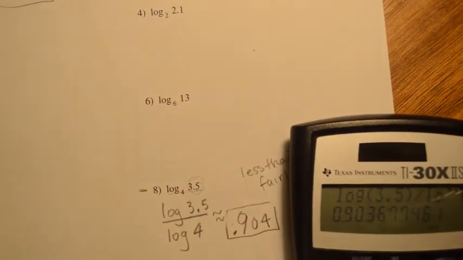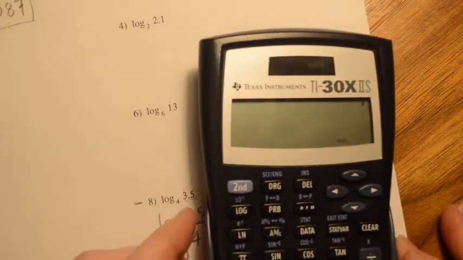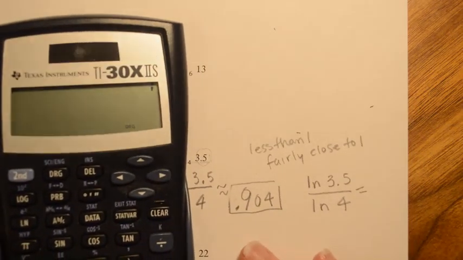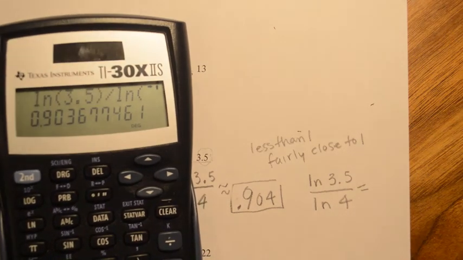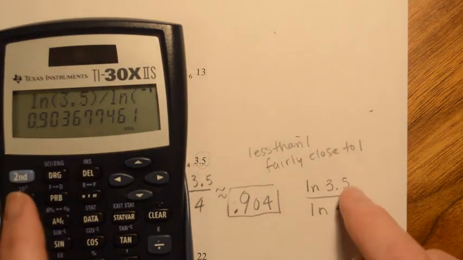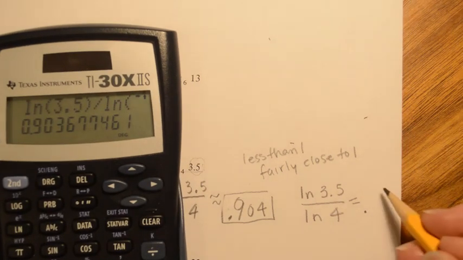That way, if you develop a really strong fondness for natural log and you want to make sure that you can use it as often as possible, you can still use it here. So natural log of 3.5 divided by natural log of 4. Same thing. It doesn't matter what you use, you will still get the same answer, 0.904.